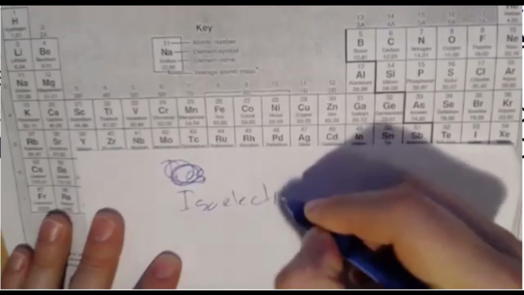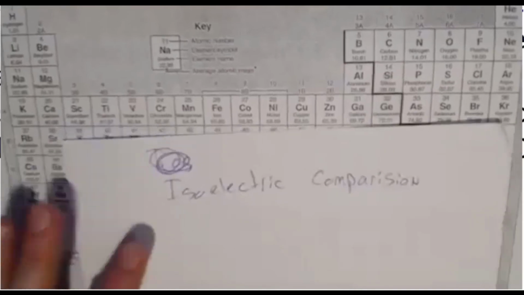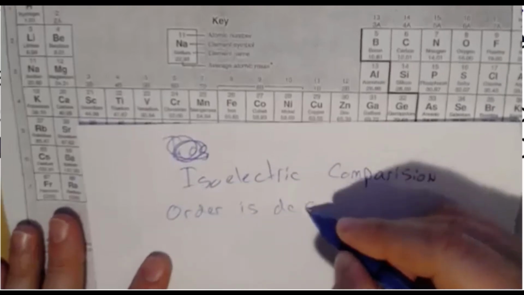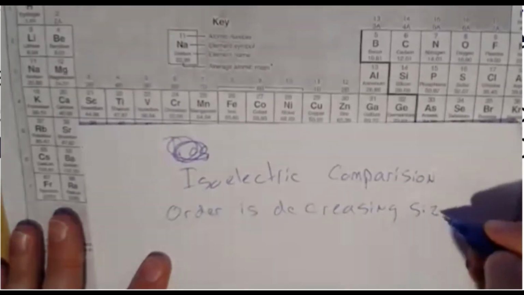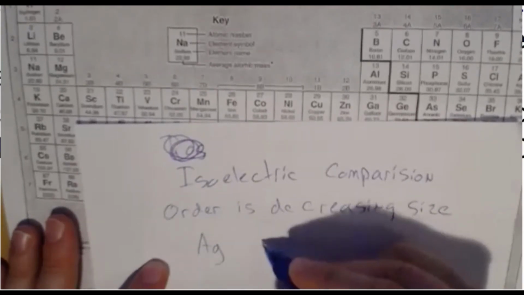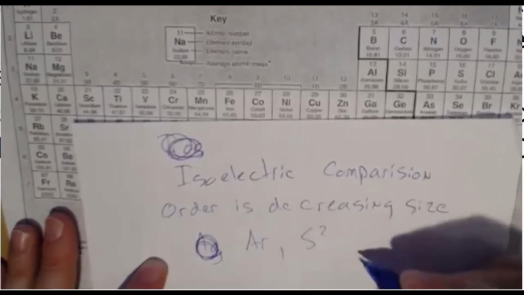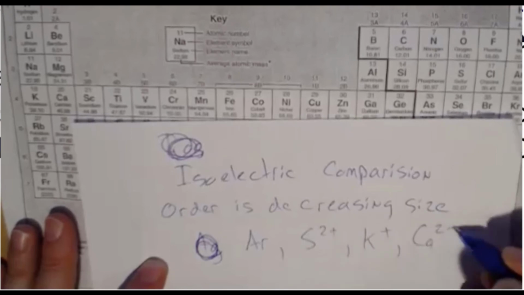Isoelectronic comparison. Something like rank in decreasing size: argon, sulfide, potassium, calcium, right?